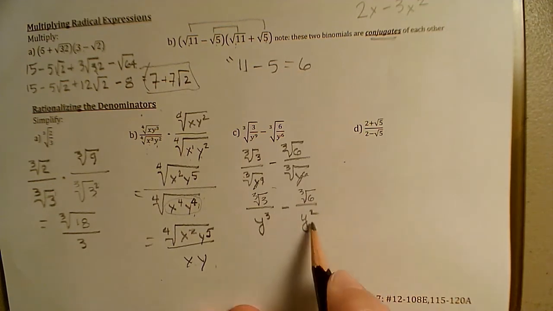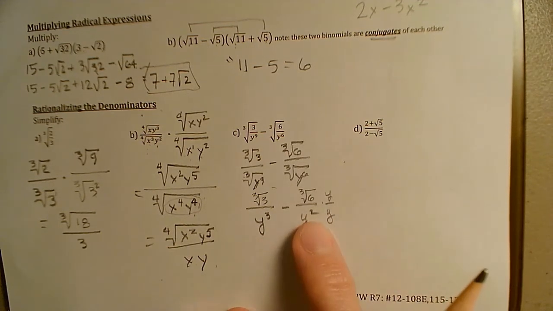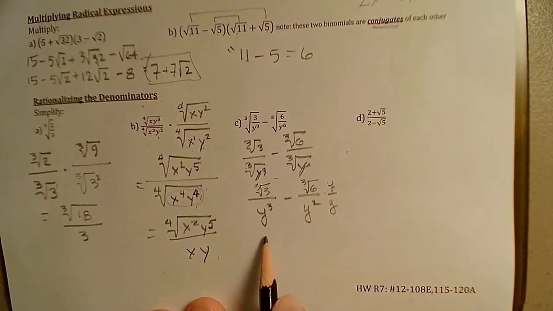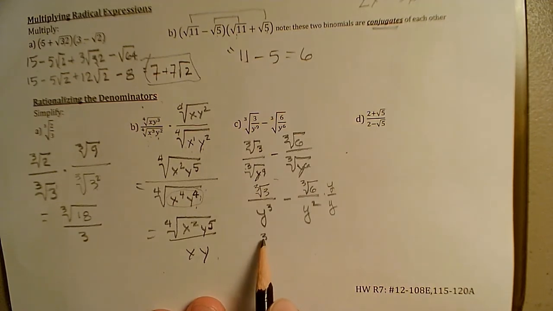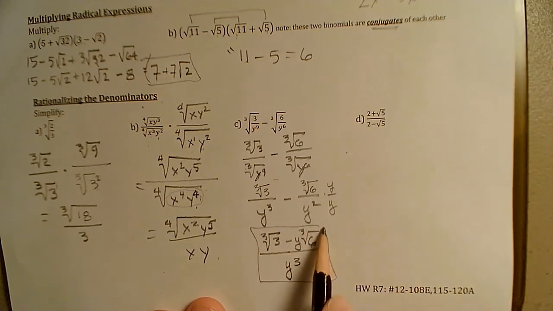So the least common denominator would be y cubed. I need to multiply this by y over y to make this fraction y cubed on the bottom. So that is the cube root of 3 minus y cube root of 6, and then just over y cubed. So that is kind of the best answer here.